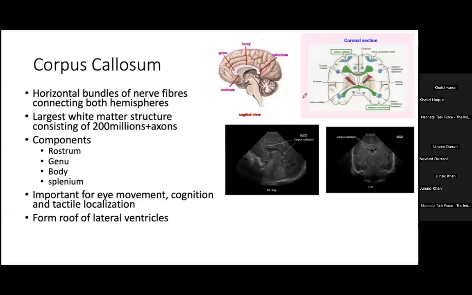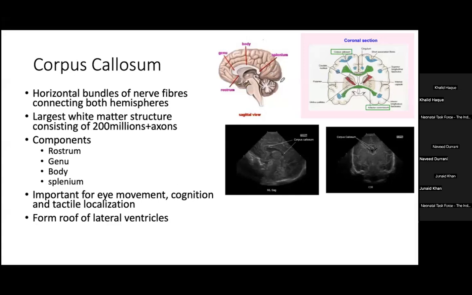Corpus callosum is another midline structure which contains the horizontal fibers which connect the two hemispheres. This is being shown here in green. And this is the largest white matter tract, containing about 200 million plus axons. And if you can see here, its components are the rostrum, the most anterior part, and then the genu, body, and then finally at the back is the splenium.